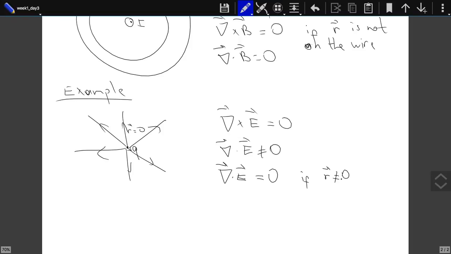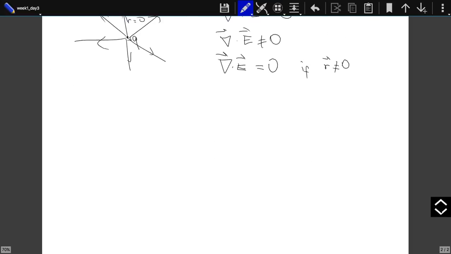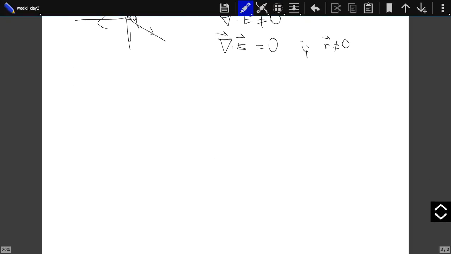Now we can talk about the second derivatives also. We have this derivative operator, which is a vector, so there are various combinations we can form. This is the first derivative of a function, so you can calculate the curl of this function, or you can talk about the divergence of this function.